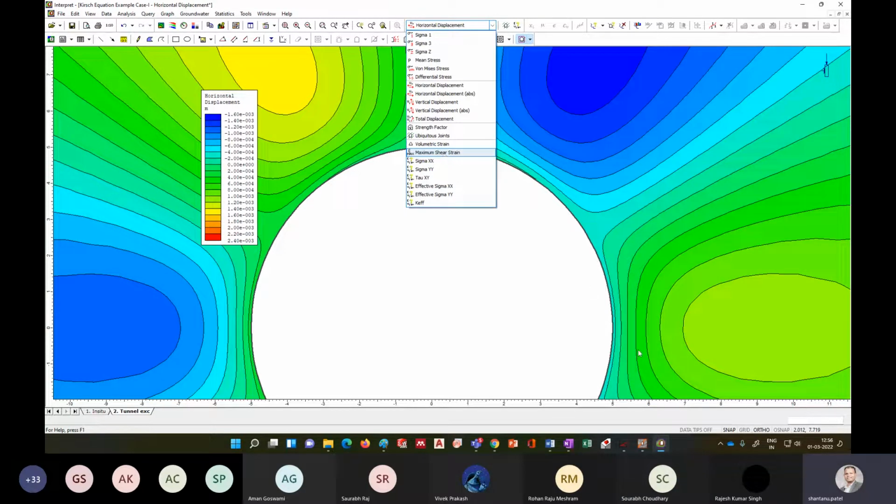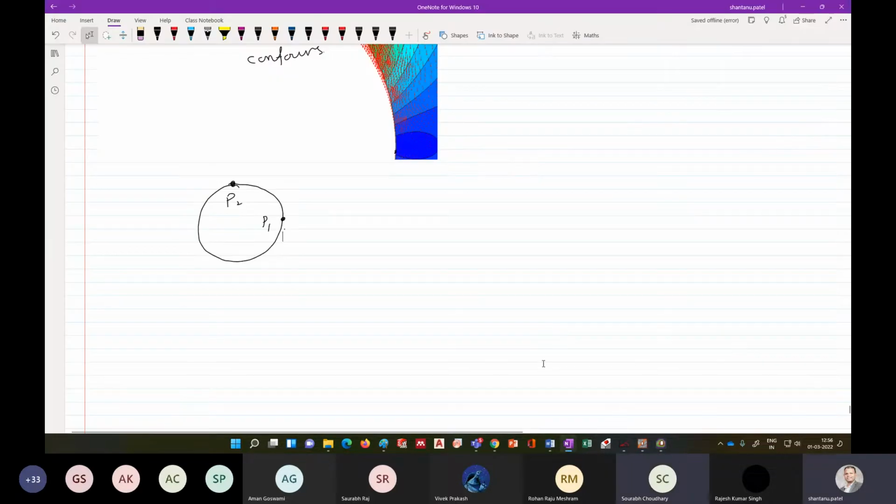Here, see, this is the vertical stress that is acting, right? So our tangential stress here is the vertical component of the stress. So to see the stresses here, I need to get my sigma V plot, sigma V contour.